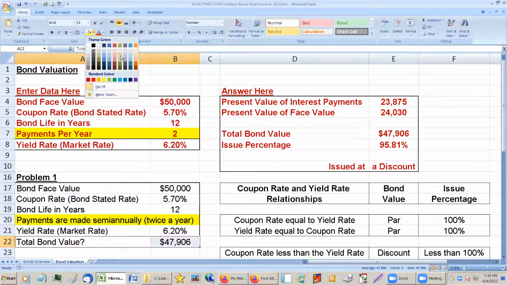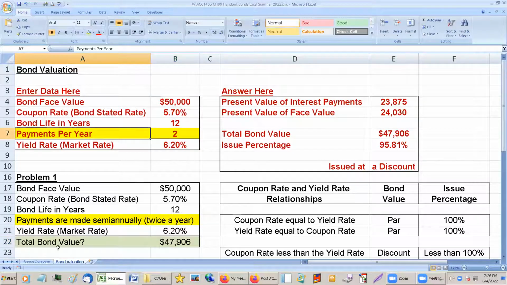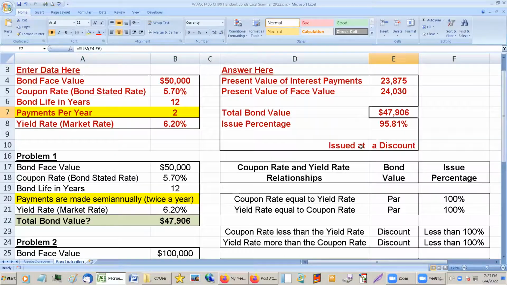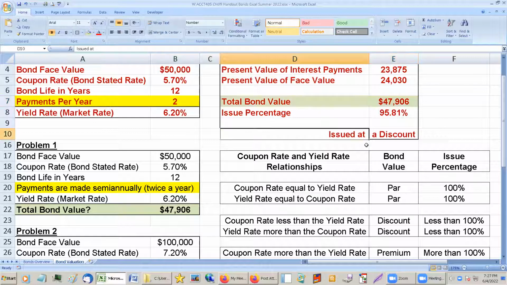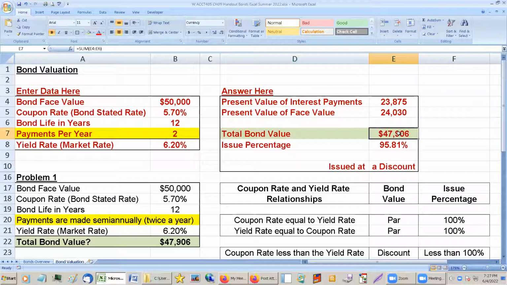Now you might be wondering, if the face value of the bond is 50,000, why did we only get this? It's because of these two. The coupon rate, that's the rate that's on the bonds, is 5.7, but the market wants 6.2.